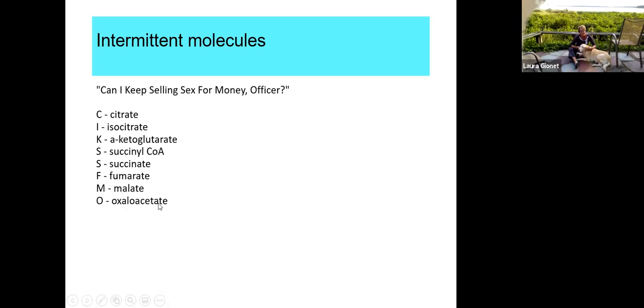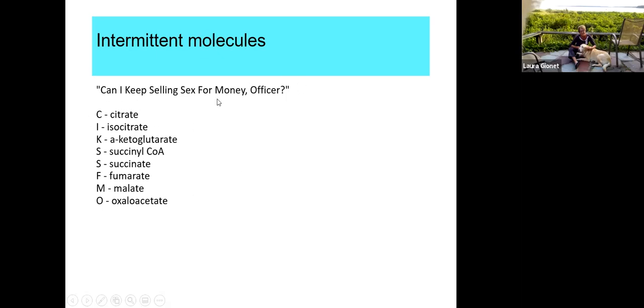And when that 4-carbon chain of oxaloacetate combines with your acetyl CoA, it forms the first 6-carbon molecule called citrate. So that's why we start with citrate, because that's your 6-carbon chain. So the first product is citrate, isocitrate, alpha ketoglutarate, succinyl CoA, succinate, fumarate, malate, and then back to oxaloacetate.